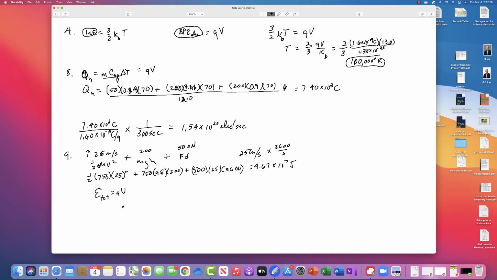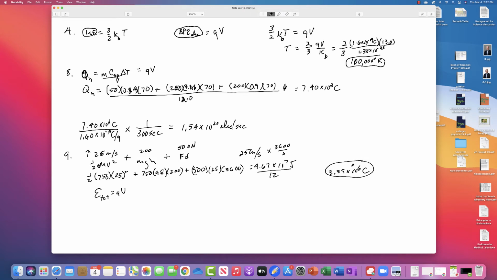And you know that you have a 12 volt battery, so you just take this result and divide it by 12, and it gives you 3.86 times 10 to the 6 coulombs of electrons that have to be moved, or coulombs of charge that have to be moved.